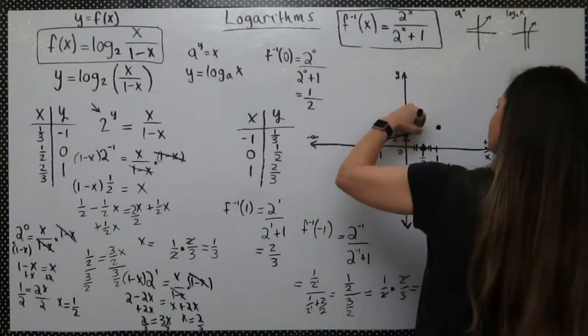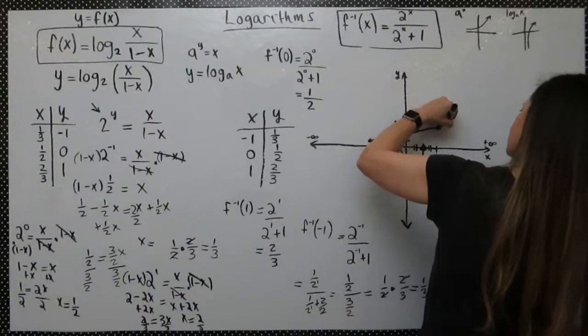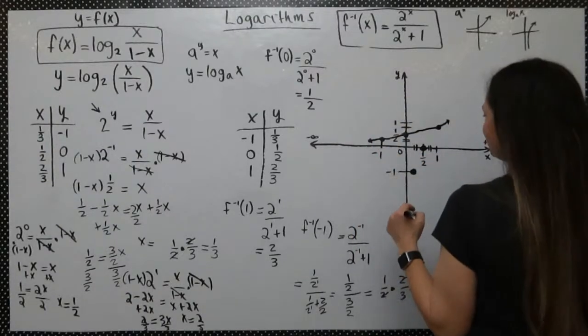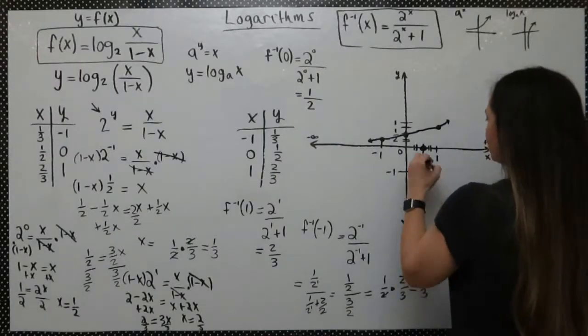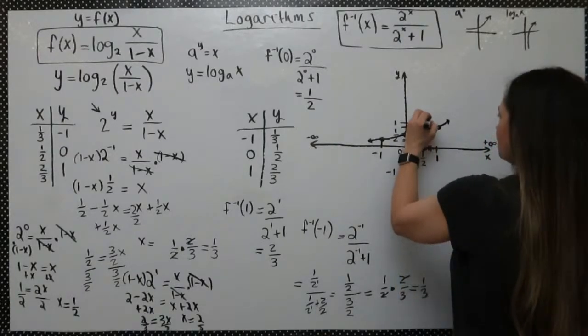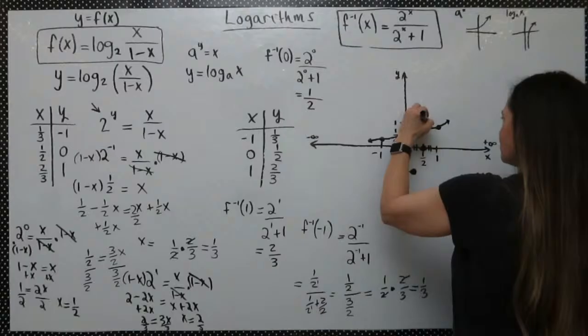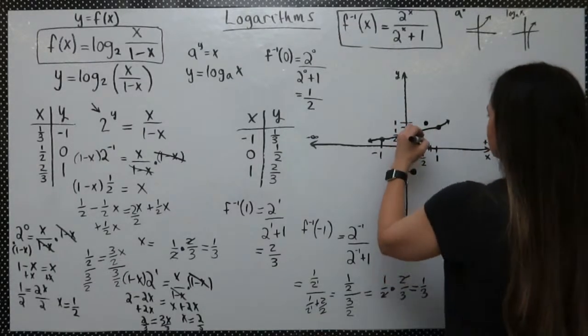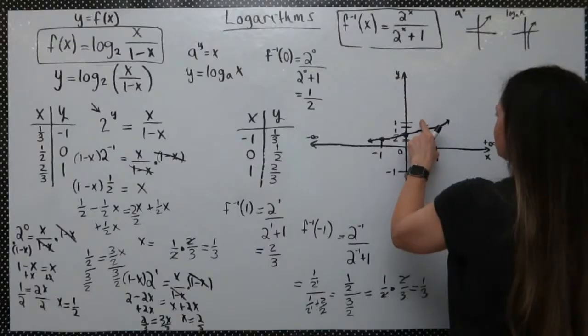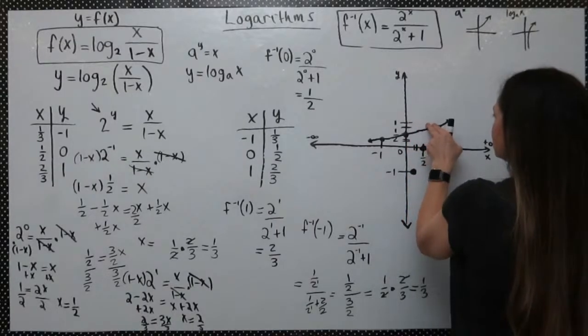So we have, there we go. All right, and so now we have 2/3, 1, which is right here. Oh, no, that's more like 1/2. Get it together, Professor.